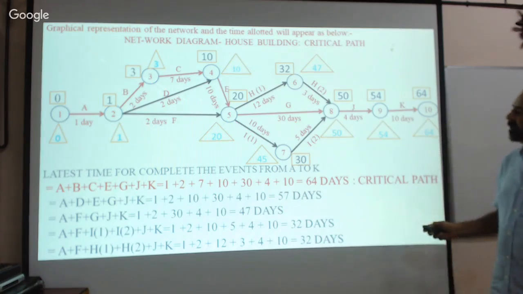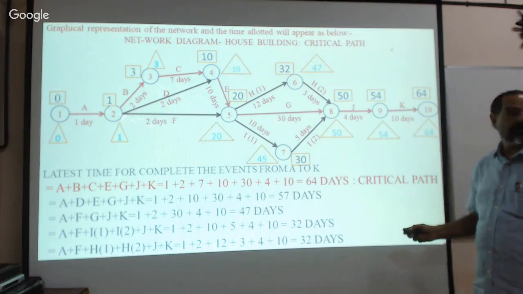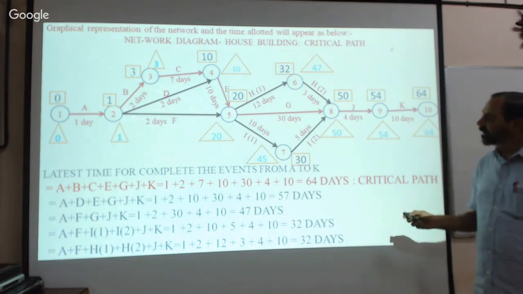And similarly, if we come to this, come here now, from 2 to 5. To reach 5 from 2, what is the time required? 20 days required.